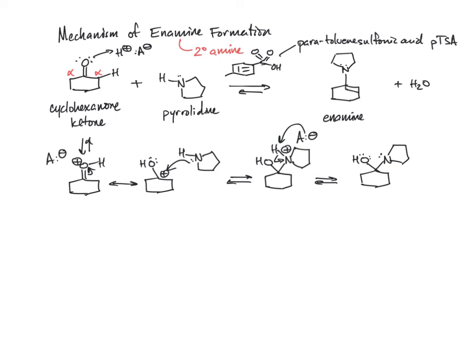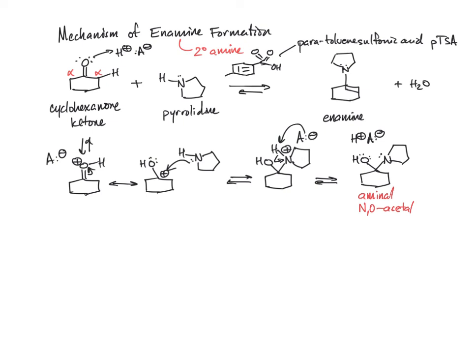So let's go ahead and we'll put H plus A minus. So now we're neutral in this aminal species. Let's see that word again, aminal. So the scientific literature will also refer to this as an N,O-acetal. So these are all like synonyms of one another.